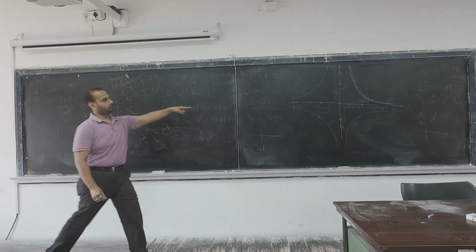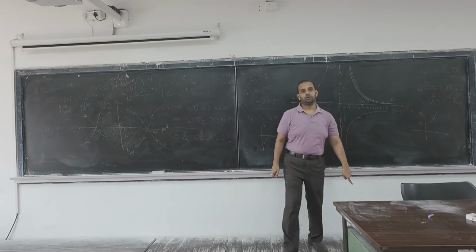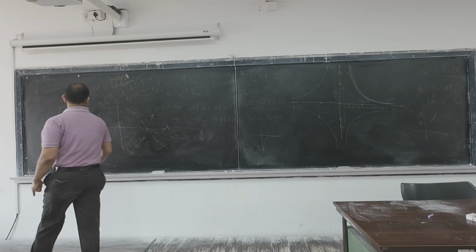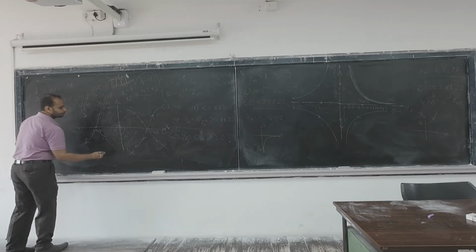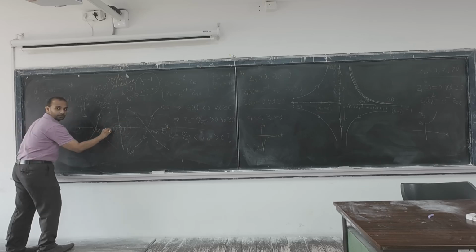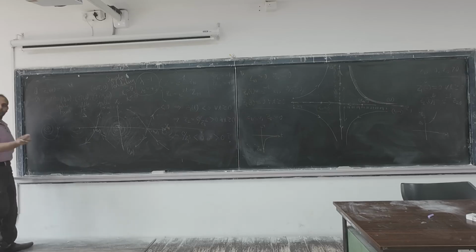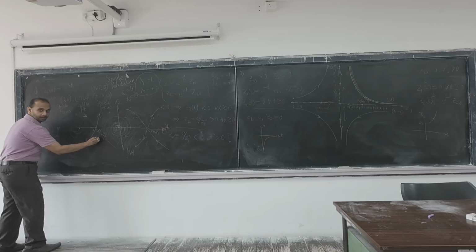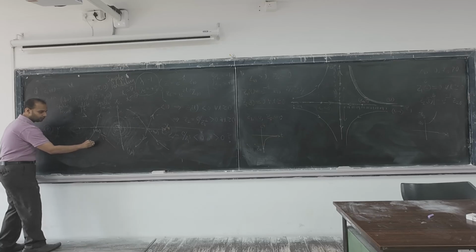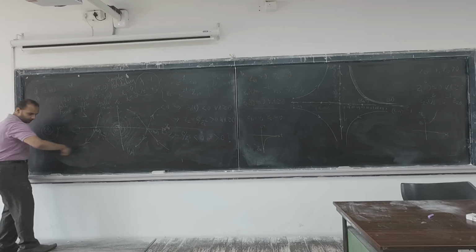Like here also, one set would be attracting, another set would be diverging. Like here, if you have a point like this, then it will go like this. But if the point is in this region, then what will happen? Gradually it will come here, and then diverge.